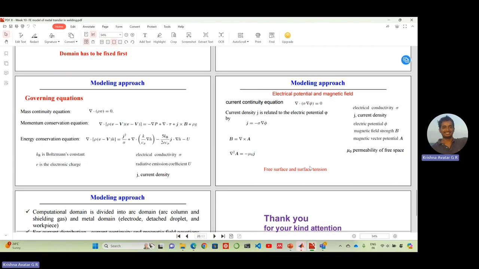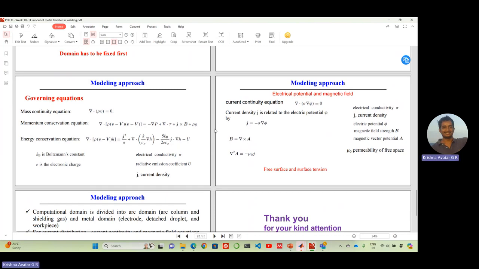Now we come to the governing equations. So we would be solving the Navier-Stokes equation, and since our material is assumed to be incompressible, that's the reason we have the mass continuity equation. This is the divergence of rho times v vector is equal to 0, and then the momentum conservation equation.